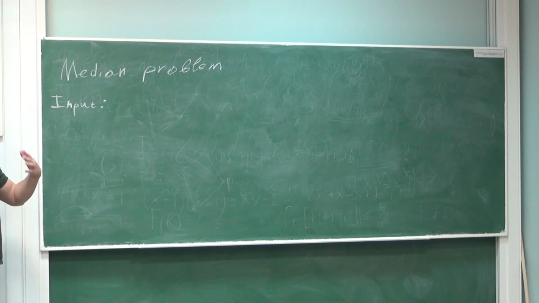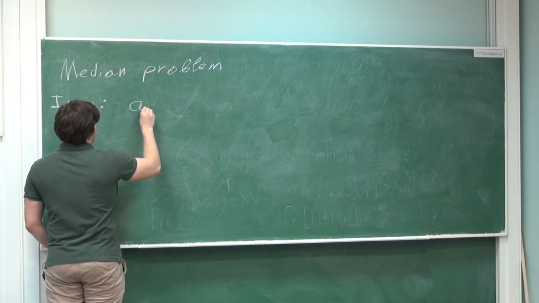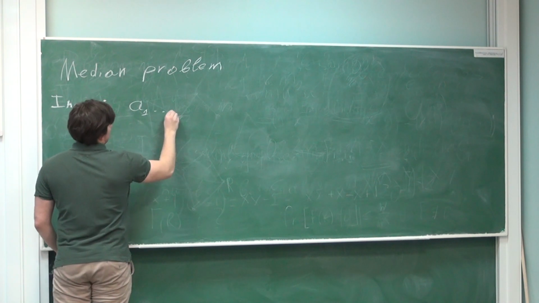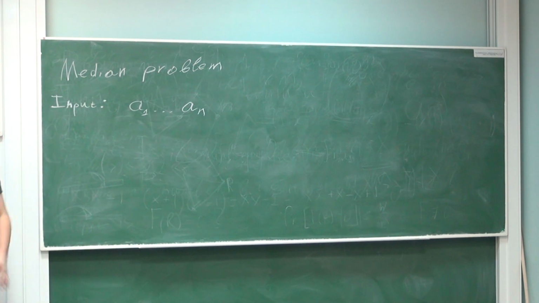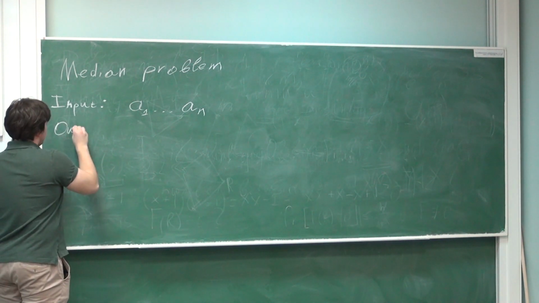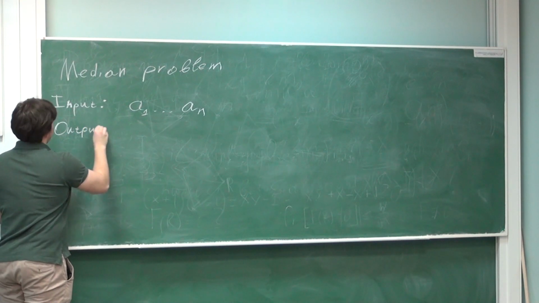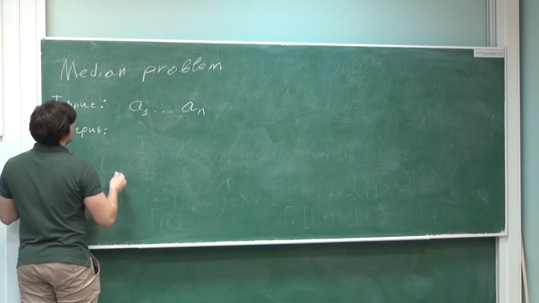And so as input you're given n numbers, a1 through an, and the question is to output the median.